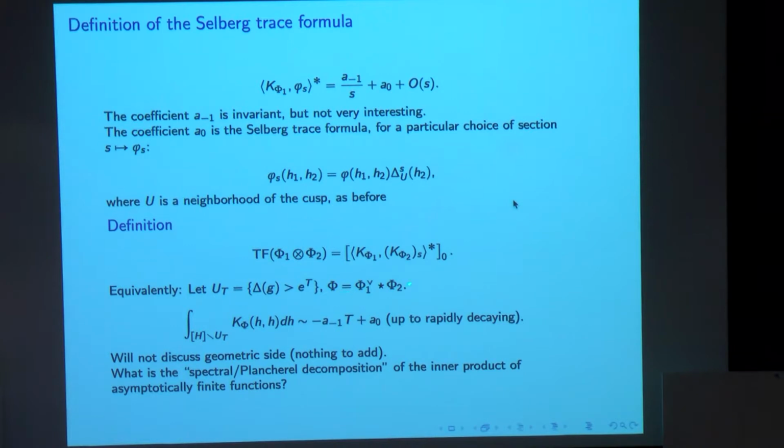Namely, you can take the convolution of the two functions and then integrate it over the diagonal, removing a neighborhood of the cusp, that's the neighborhood where this delta function is bigger than e to the t. Then you will see the same coefficient showing up, and it's the constant coefficient that one chooses to call the Selberg trace formula.